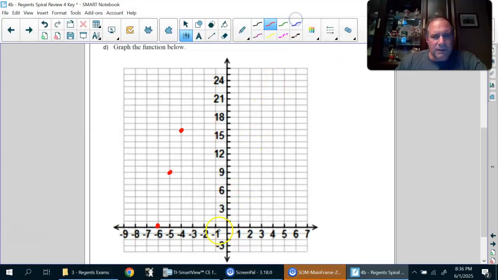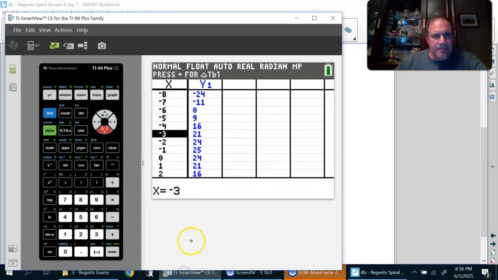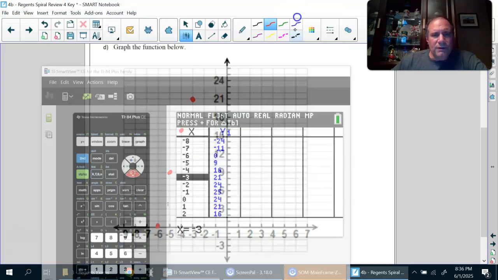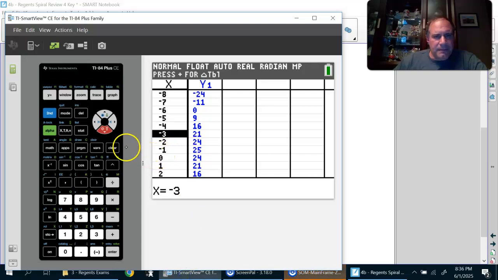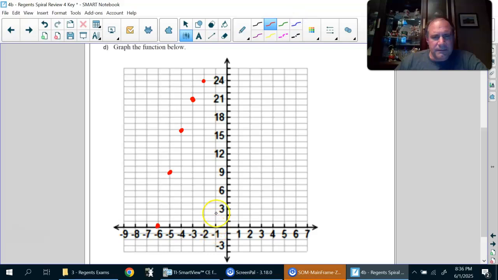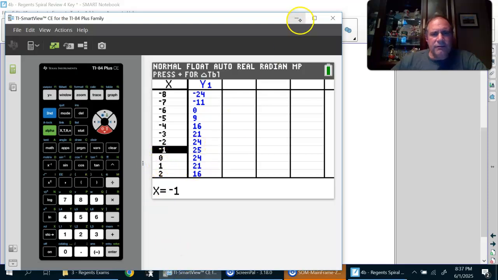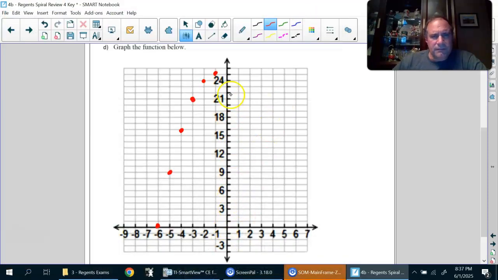Negative 3, 21 would be right here. Negative 2, 24 would be right here. Negative 1, 25 would be right here. 0, 24 would be here.